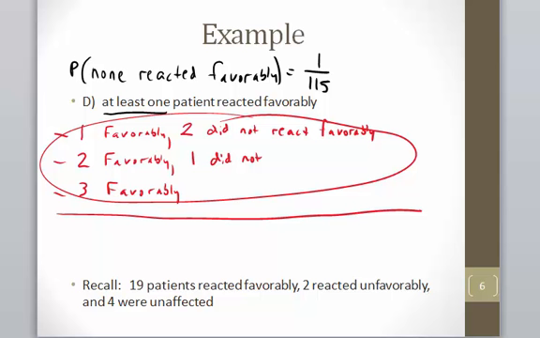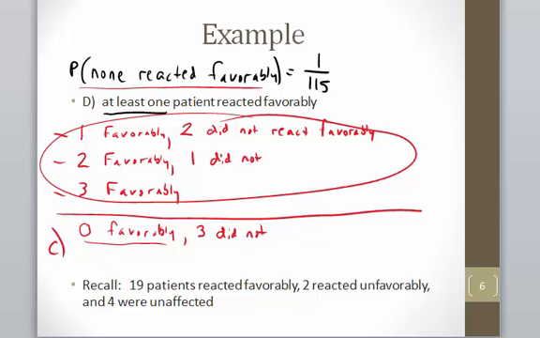The other possibility is that we end up getting 0 that react favorably, and in that case, we would have 3 that did not. Now, this part is actually part C. Look at your wording up here. We found the probability that none reacted favorably, which is what we have right here when we say that 0 reacted favorably. So we already know that this part is equal to 1 over 115.